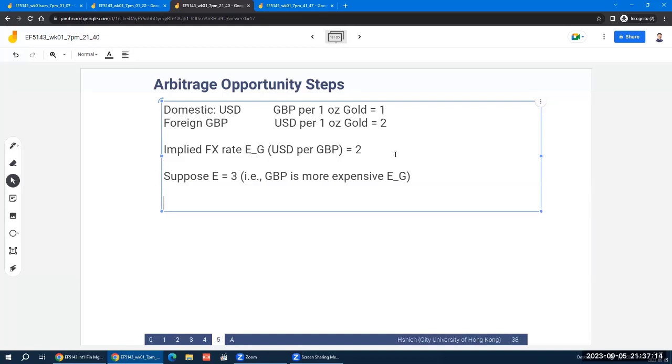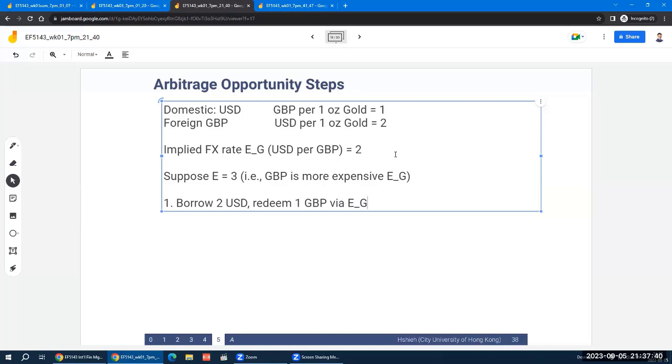Okay, how do you do it? Here's one way. Step 1, let's borrow 2 US dollars, and let's use that 2 US dollars to redeem 1 GBP via EG. Do you know how that's done?